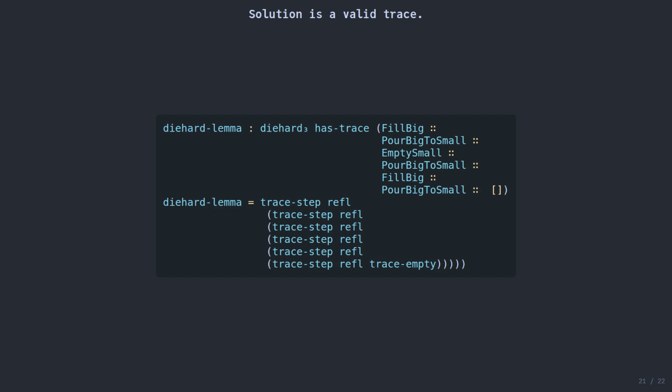This gives us a nice moment to recap the three different ways we have solved the Diehard puzzle so far. First, using computational tree logic, we modeled the puzzle as a labeled transition system and showed that there exists a path leading to the big jug containing 4 gallons of water.